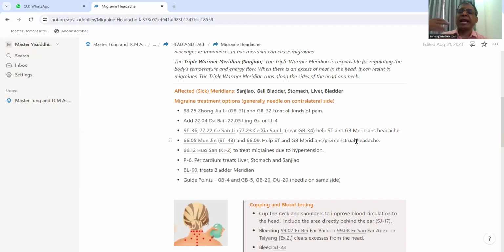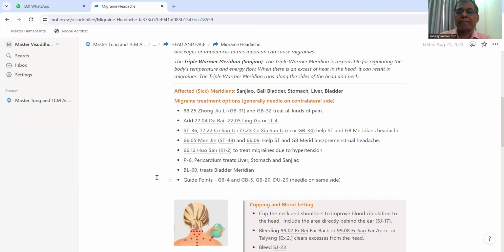And if the migraine headache is because of hypertension, high blood pressure, 66.12, which is kidney 2, treats migraine due to hypertension. For headache on the pathway of the liver, stomach and triple heater meridians, always pericardium 6.